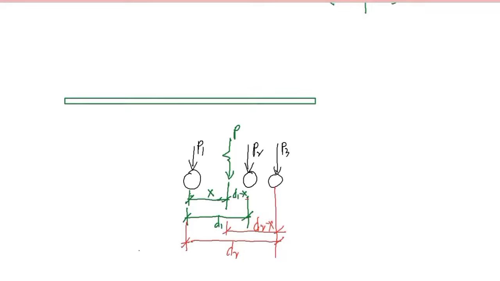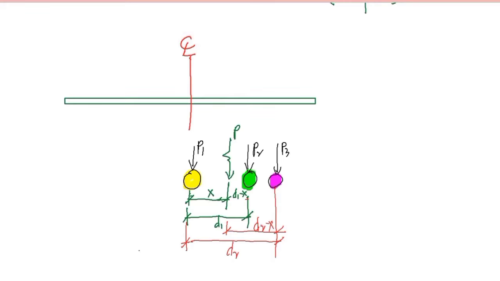No? So, isa-isa kasi natin itong i-investigate. What would be the moment created by P1? What would be the moment created by P2? And what would be the moment created by P3? So, if we are talking about P1, then we will position the P1 and the resultant midway between the center line or the midspan of the beam.